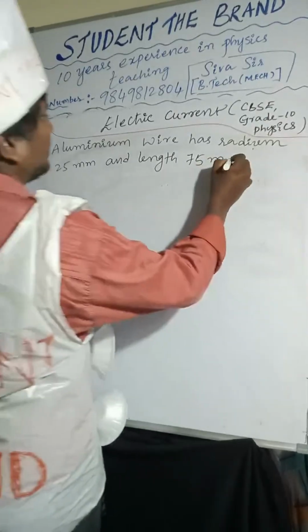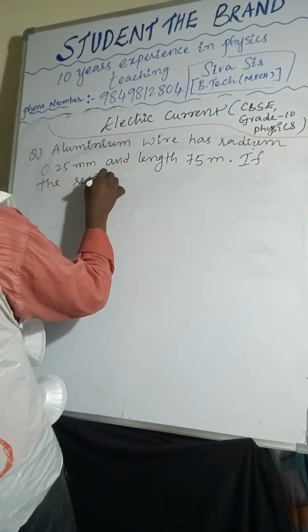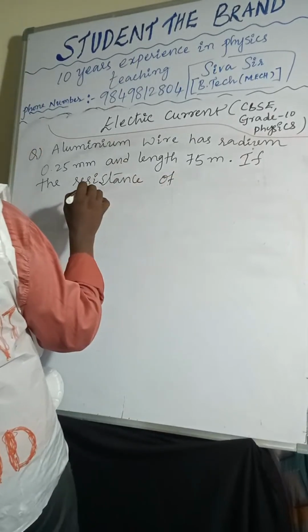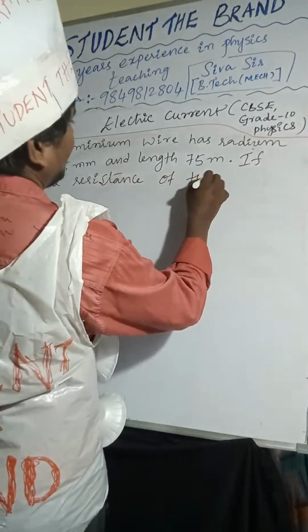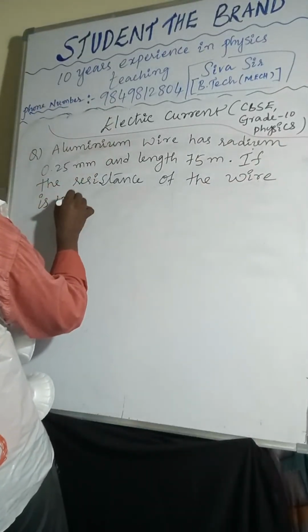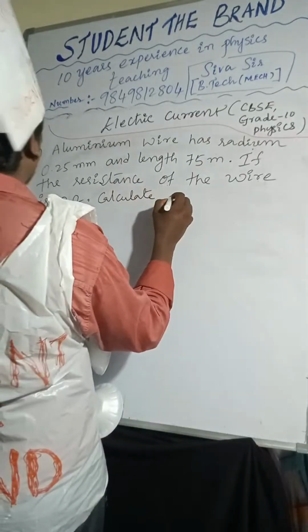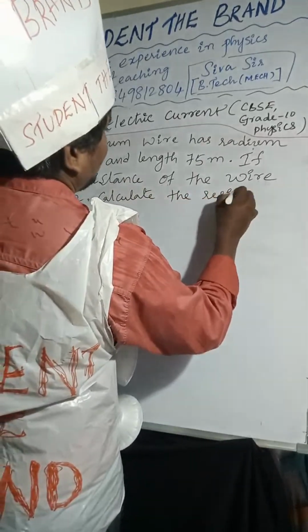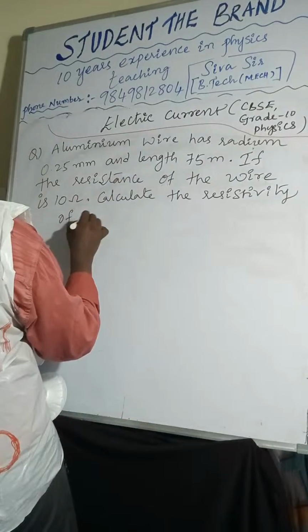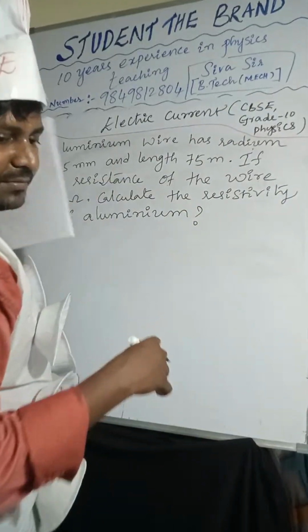If the resistance of the wire is 10 ohm, calculate the resistivity of aluminum. So this is the question.